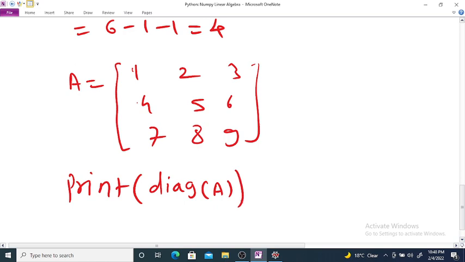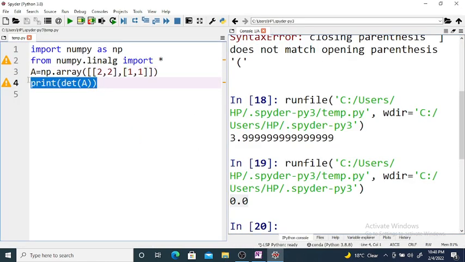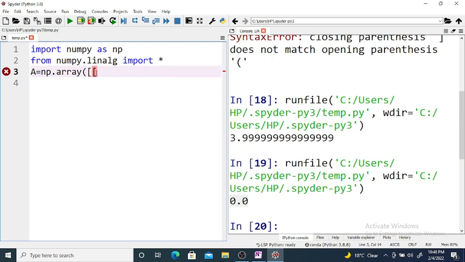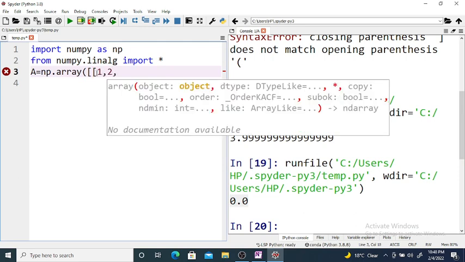So here this is the matrix, A is equal to 1 2 3, then 4 5 6 and 7 8 9.